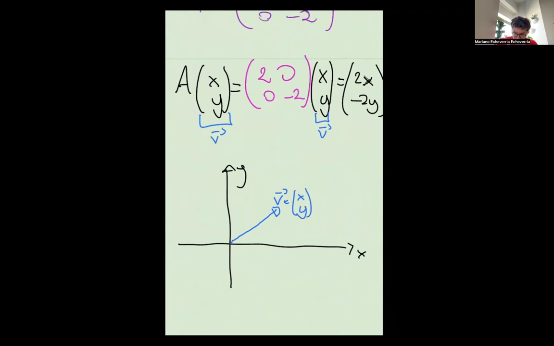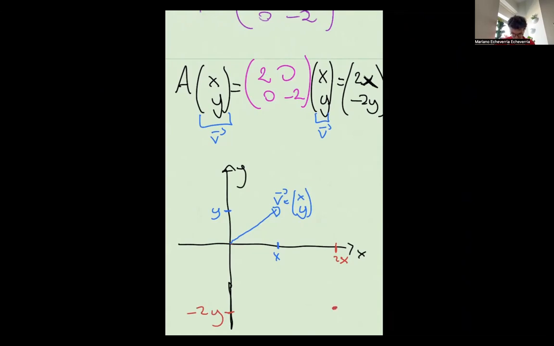What the matrix does, if you think about it, is double the first entry, so here you had x and here you had y, and now you get 2x. But it's also going to double the second entry and change its sign. Instead of just doubling y, it's also reflecting it, so instead of 2y you have minus 2y.